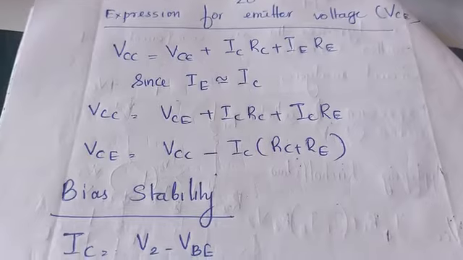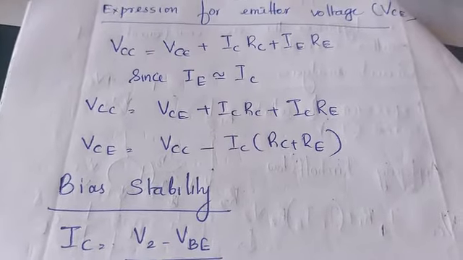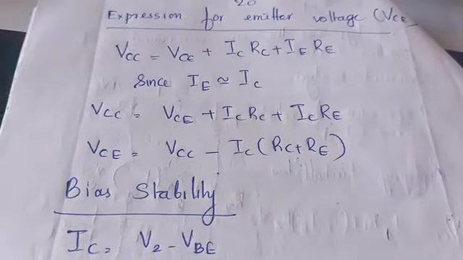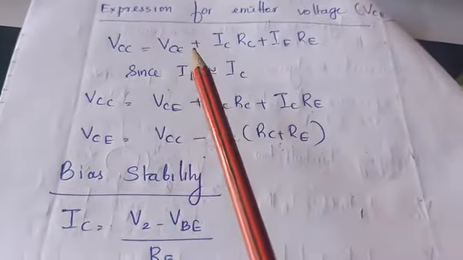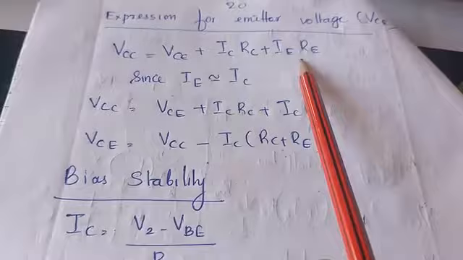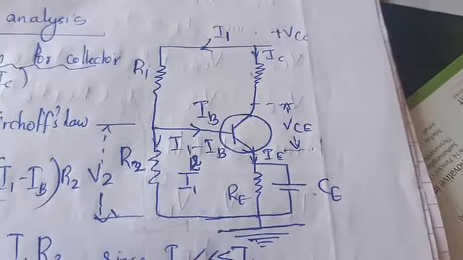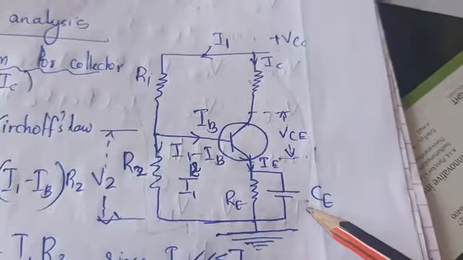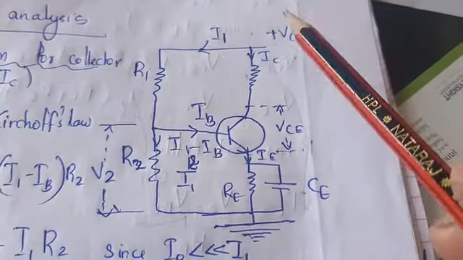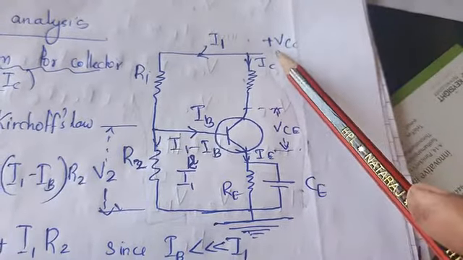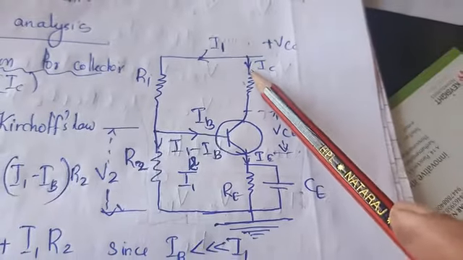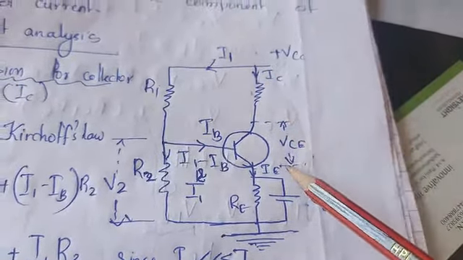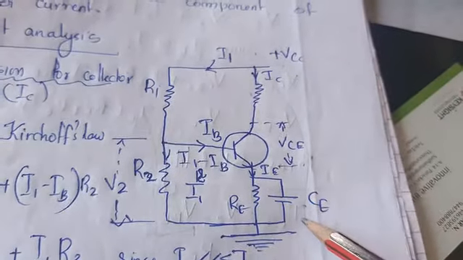That is the expression for collector current that we have already obtained. Next, the expression for collector emitter voltage. VCC is equal to VCE plus ICRC plus IERE. Considering this mesh, plus VCC is the supply voltage, which is dropped across this resistance RC into IC, and this is the collector emitter voltage, and this is the emitter voltage.